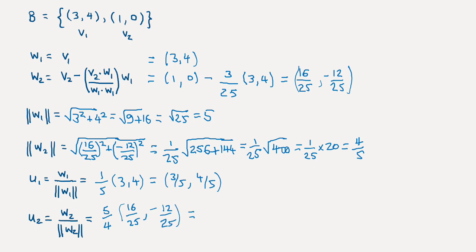So if we simplify that, we're going to have 4/5 for the first coordinate, and let's see, minus 3/5 for the second coordinate. So those are our orthonormal vectors. They're orthogonal to one another and they have length 1.